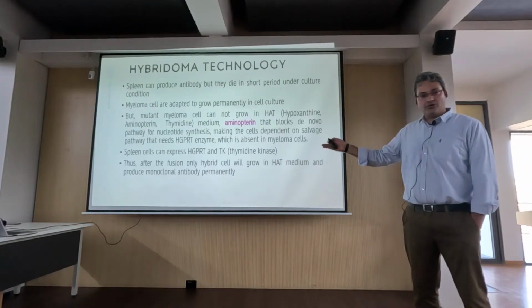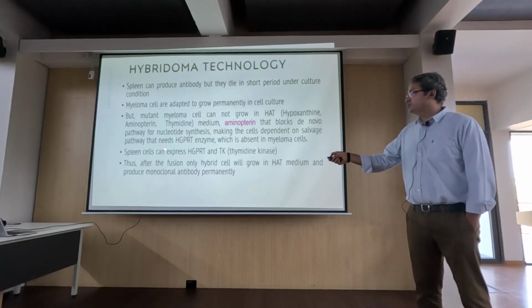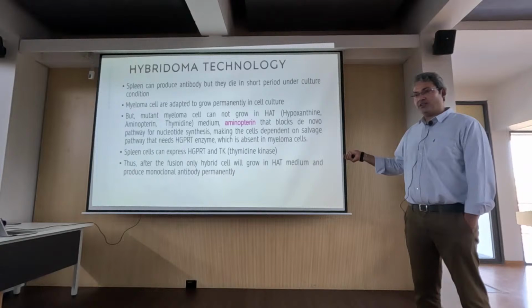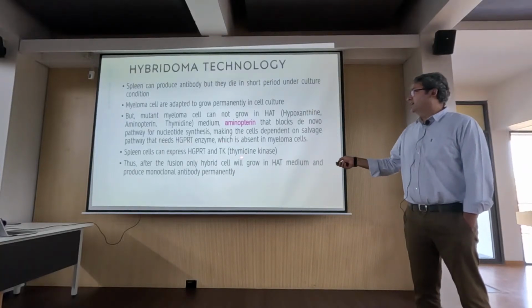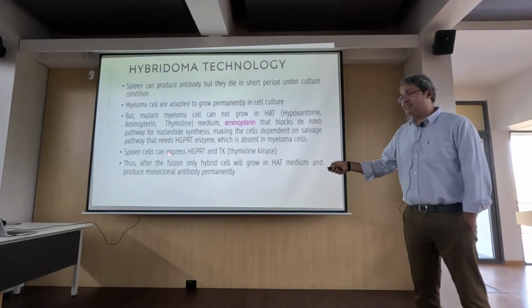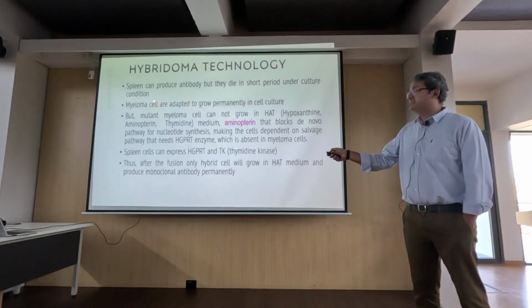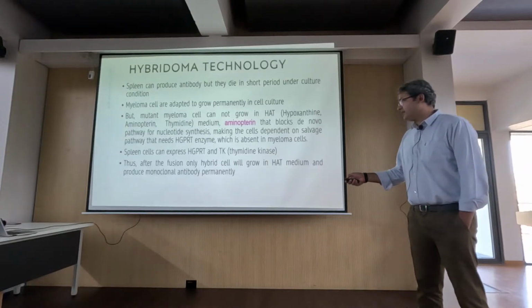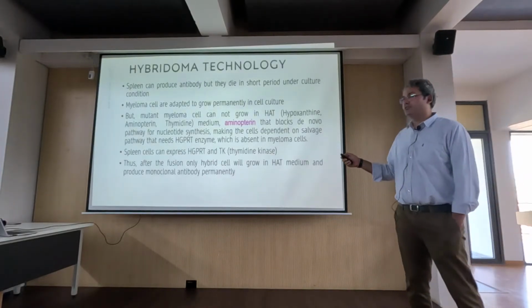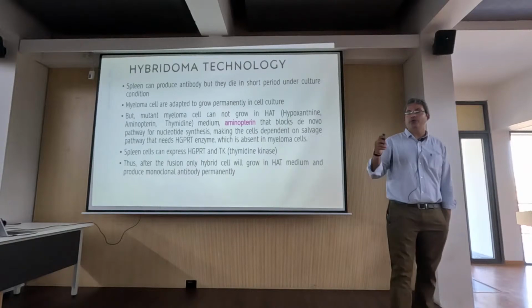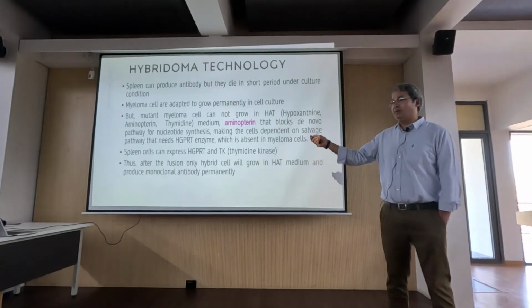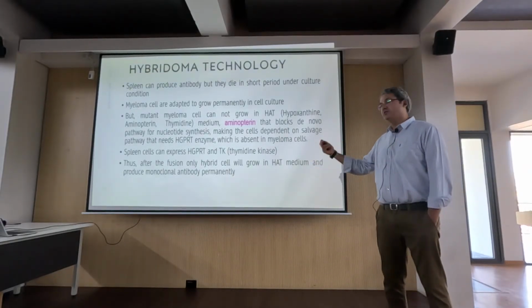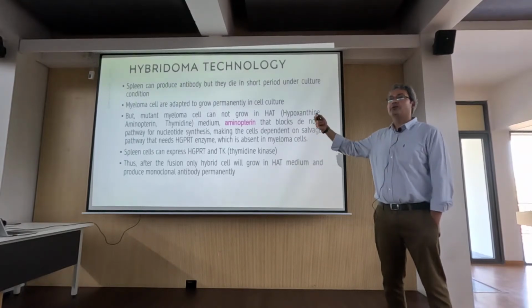So what this technology is doing is pushing your cells to use the salvage pathway, so that spleen cells can be used, and from myeloma cells it is taking the immortality, right? Now it is a fusion reaction, an uncontrolled reaction. You may have fusion between spleen and spleen, between spleen and myeloma, and between myeloma and myeloma.